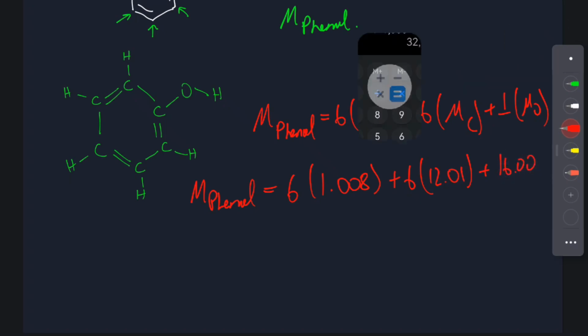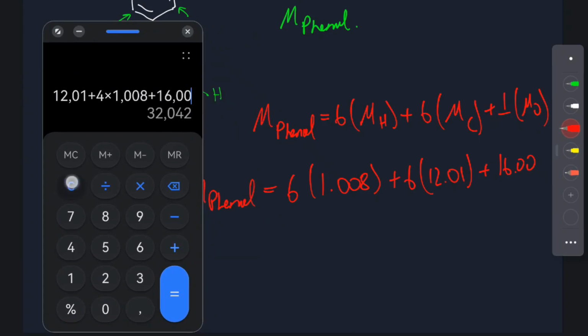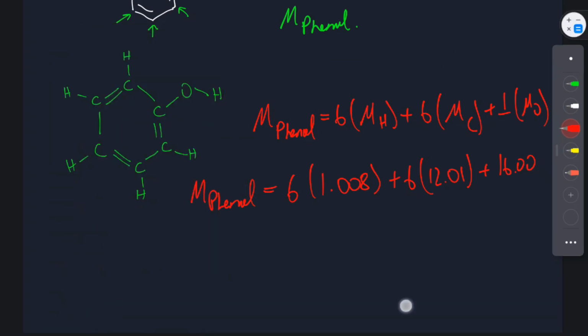And we can calculate it. 6 times 1.008 plus 6 times 12.01 plus 16. And the answer is 94.11 gram per mole. This is the molar mass of phenol.